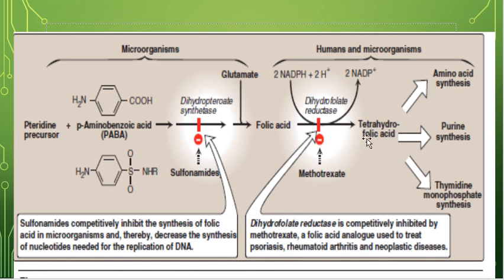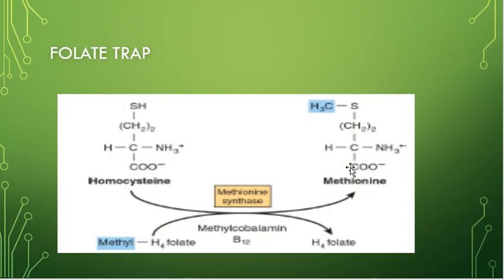This tetrahydrofolic acid is involved in various biochemical reactions such as amino acid synthesis, protein synthesis, and thymidine phosphate synthesis. However, the sulfonamides inhibit dihydropteroate synthetase, which inhibits the formation of folic acid, while methotrexate inhibits dihydrofolate reductase, which inhibits the conversion of folic acid into tetrahydrofolic acid.